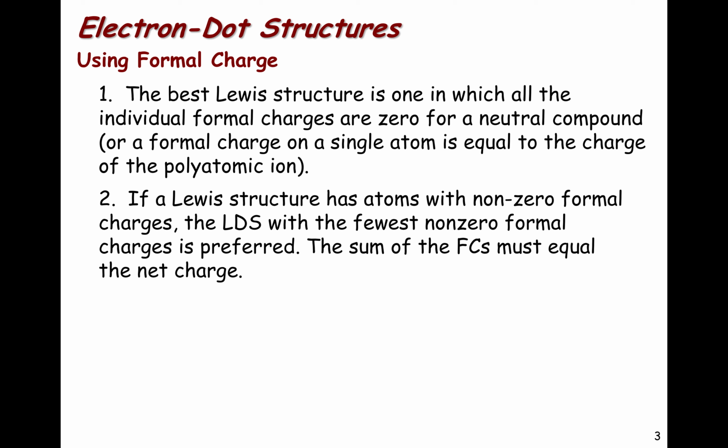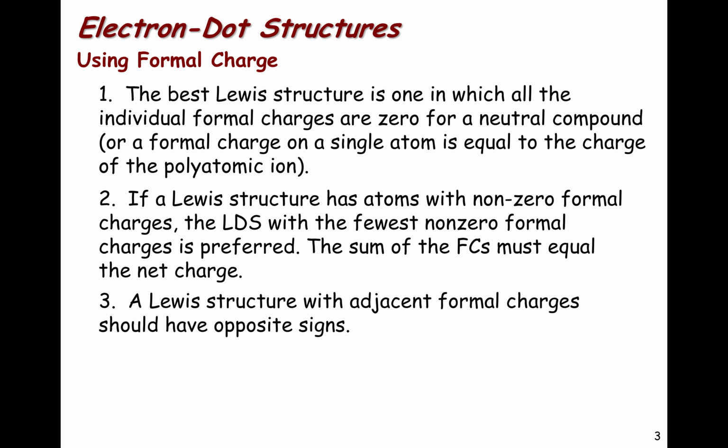So if the molecule has a net charge of 0, and you end up with Lewis dot structures where one atom has a formal charge of +1 and a different atom is -1, that would be a less useful Lewis dot structure than if you could draw a structure where all the atoms have 0 formal charge. And for a Lewis dot structure with atoms having opposite charges, usually those are atoms close to one another.